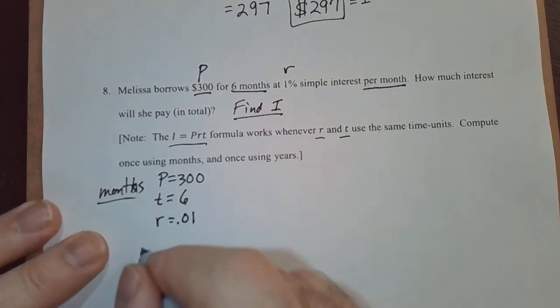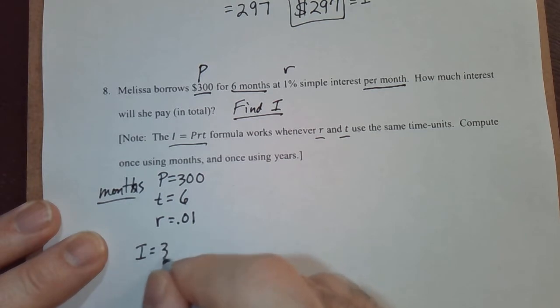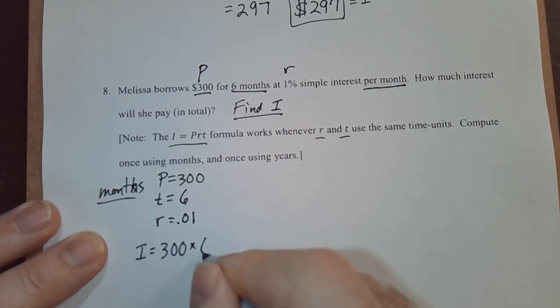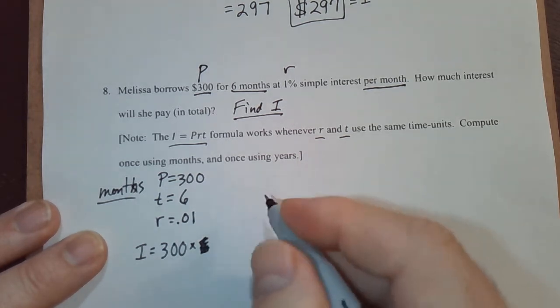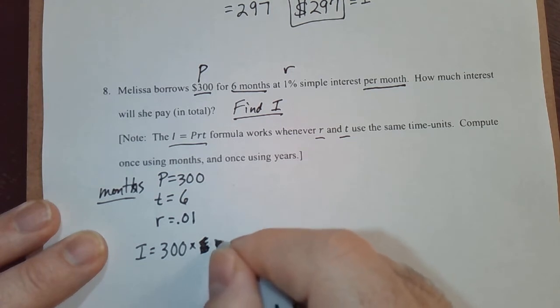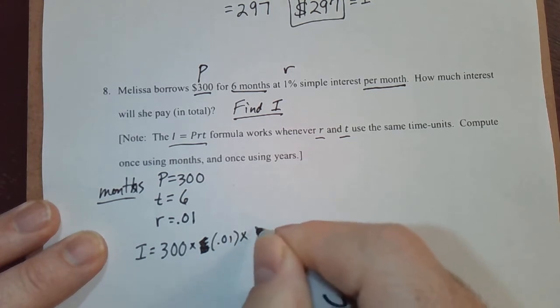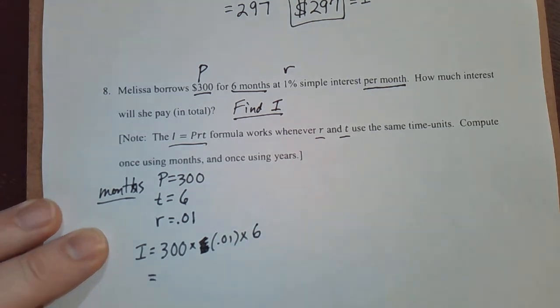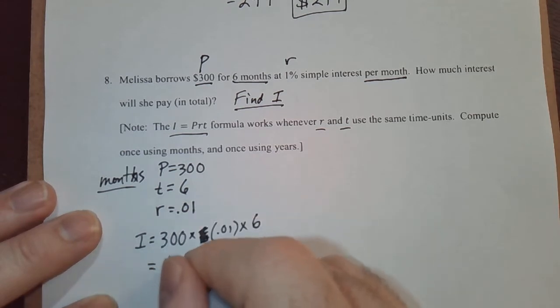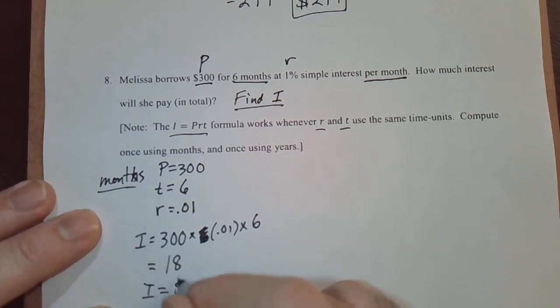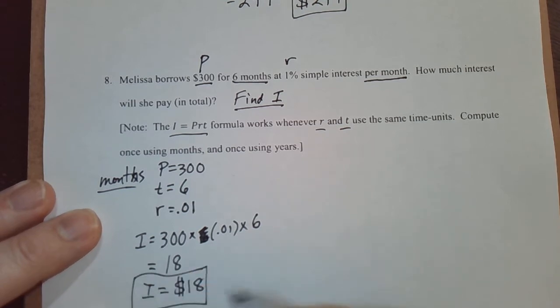Well, all we need to do is I equals PRT. I'll go ahead and do them in the same order. We get 300 times 0.01 times 6. Let's plug that into the calculator. I get 300 times 0.01 times 6, and we get $18. So I is equal to $18.